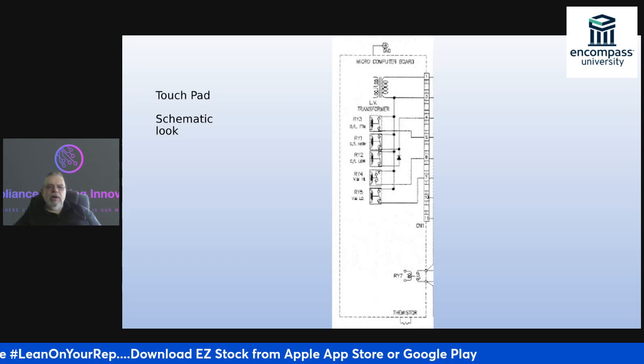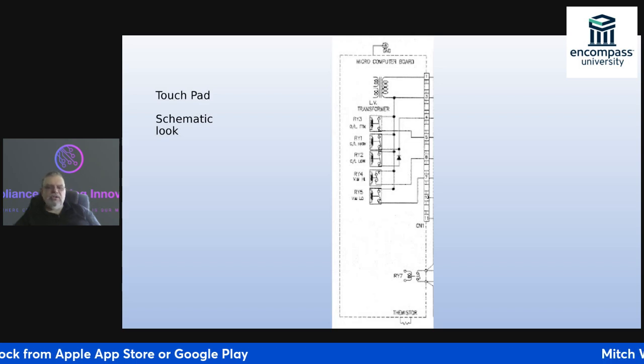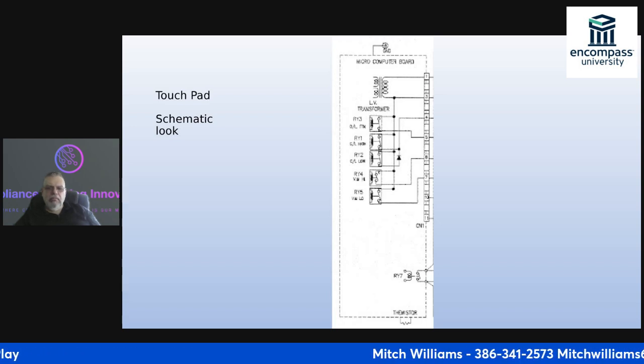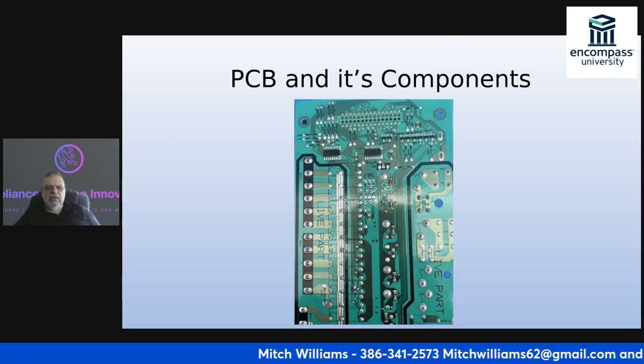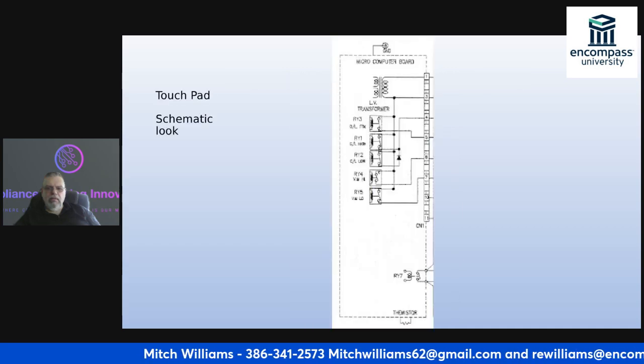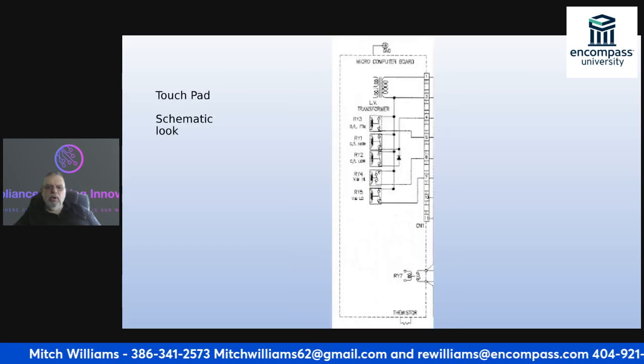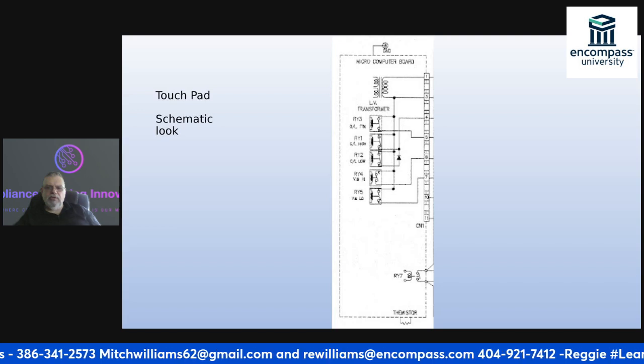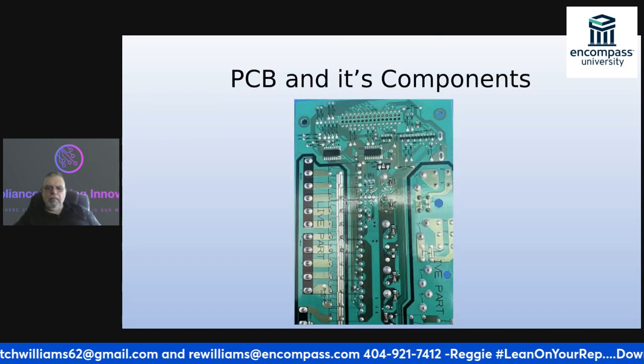Okay. This right here is what a schematic looks like. So this right here would be the microcomputer board. That would be this board right here. As you will see, there's a low voltage transformer right here.